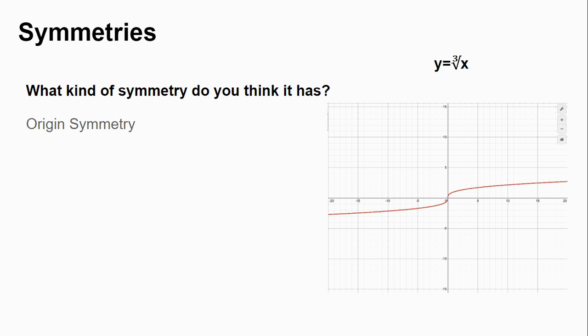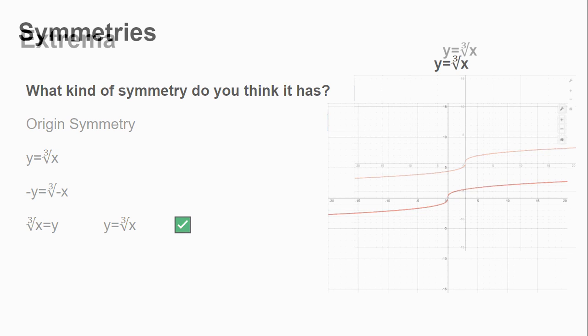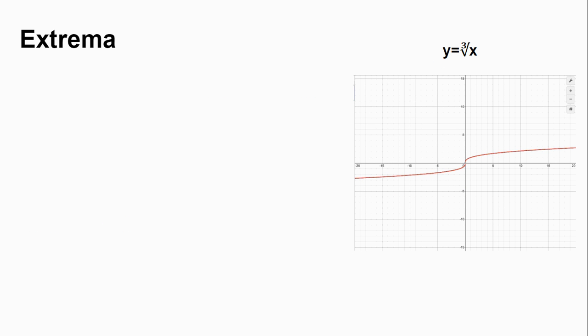And you can figure this out by looking at the graph, or you can take the equation y equals the cube root of x, and make the x value negative, and you get negative y equals the cube root of negative x, and then you could flip the sides of the equation, and you get y equals the cube root of x, so we have origin symmetry. Are there any absolute minimum or absolute maximum values? No.